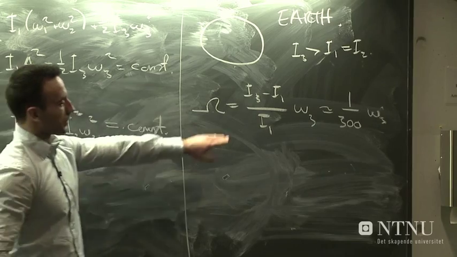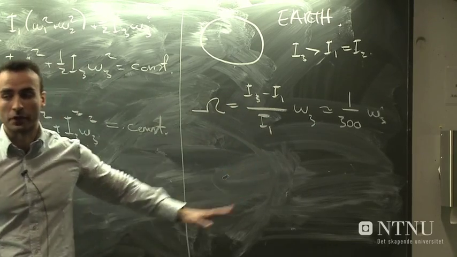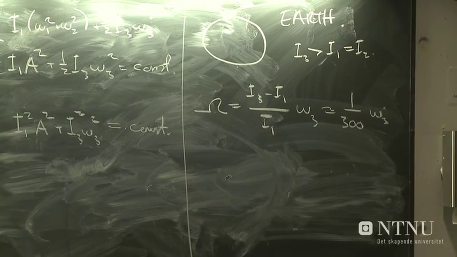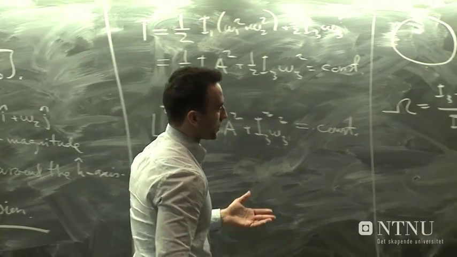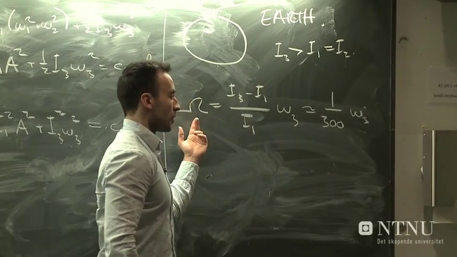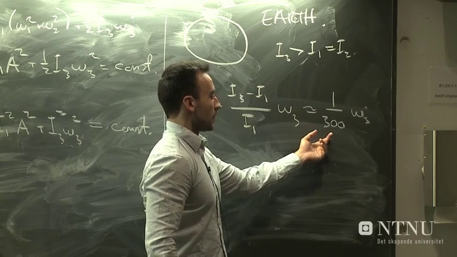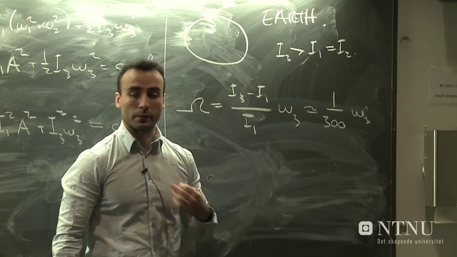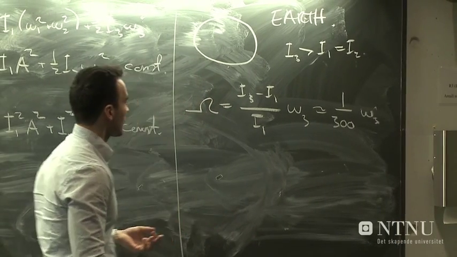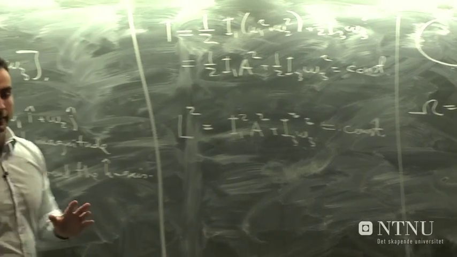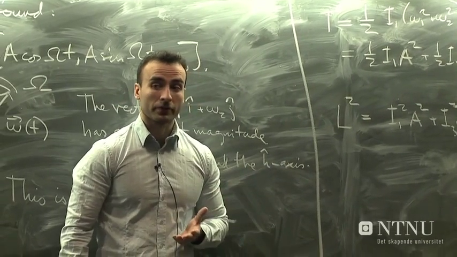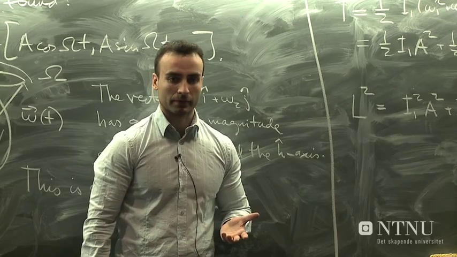And you can actually calculate these values for the main moments of inertia by using some model for what the Earth looks like. And what you come out with is that this large omega is about 1/300 multiplied with omega 3. And omega 3, in the case where this body is the Earth, has a well-known value to us.